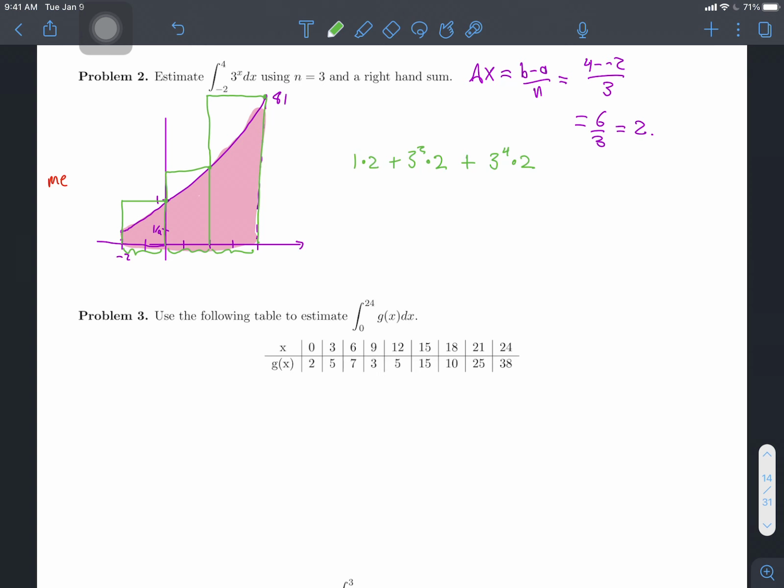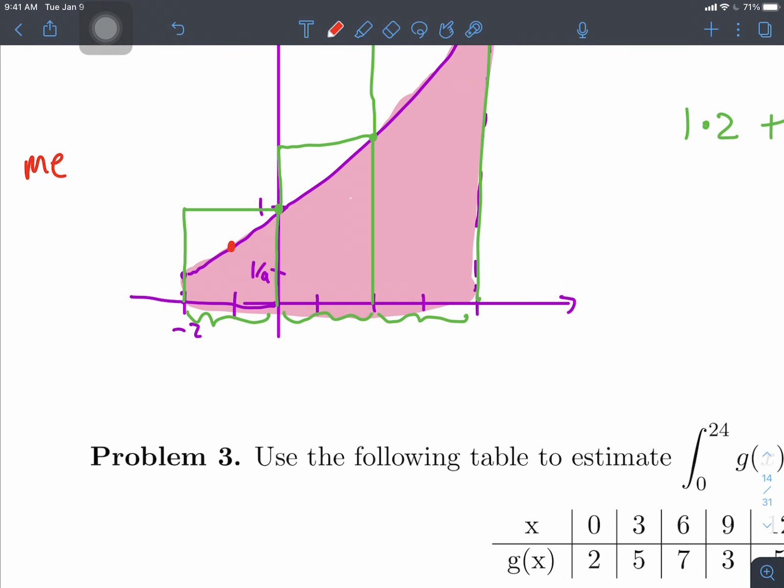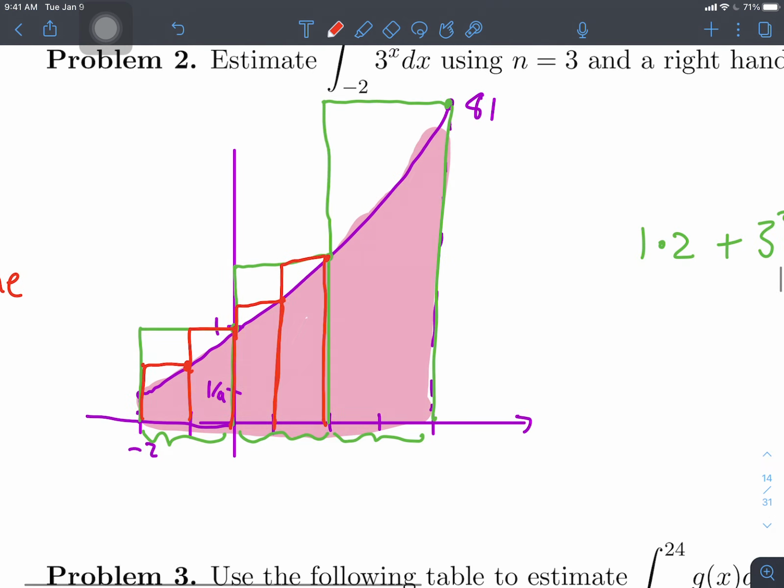So say we were to refine our mesh, okay? And now I'm going to use rectangles which look like this. You can see how the error becomes less, right? If I were to use a more sophisticated technique, using these red ones, then look at all of this stuff.